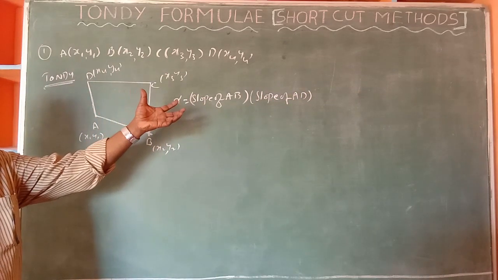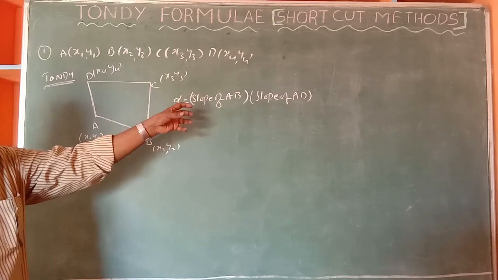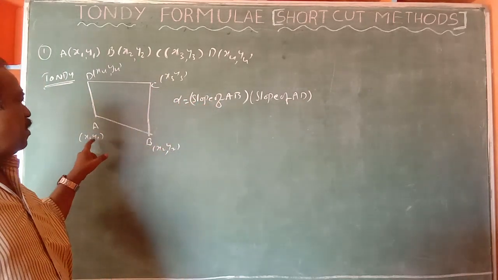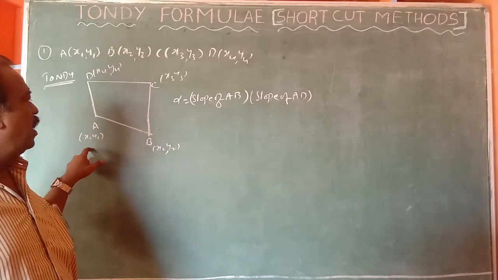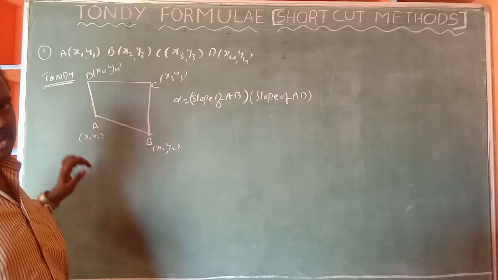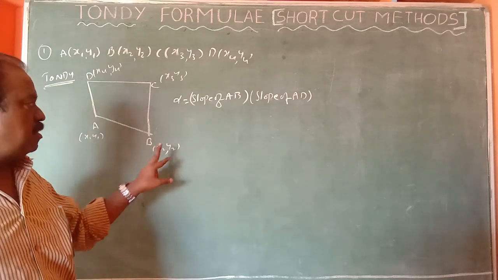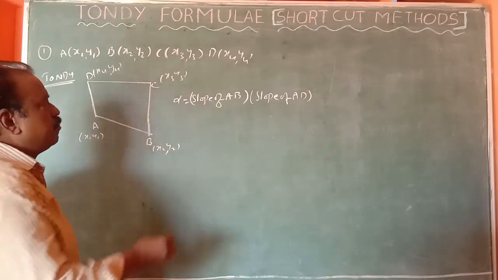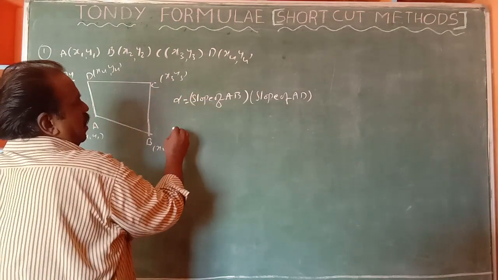The slope of AB is (y2 minus y1) by (x2 minus x1). Similarly, the slope of AD is (y4 minus y1) by (x4 minus x1). The formula is the difference of y coordinates by the difference of x coordinates. Like that you find it. Let that be alpha.